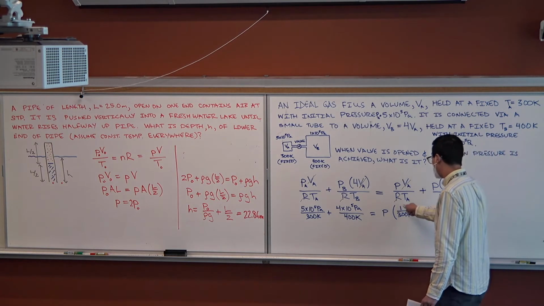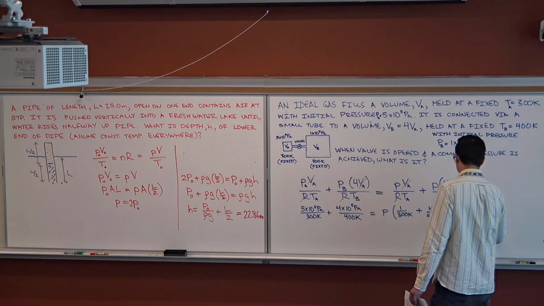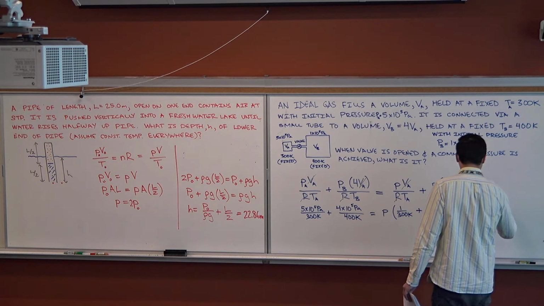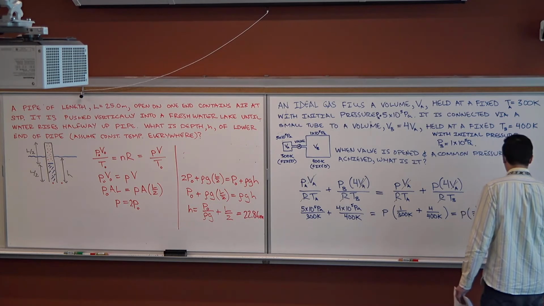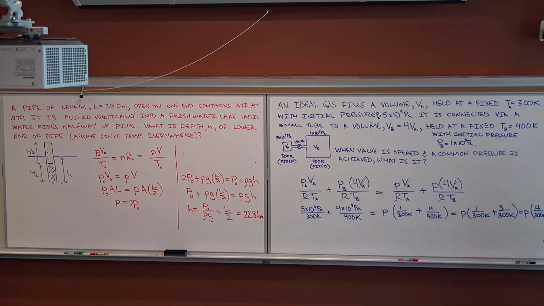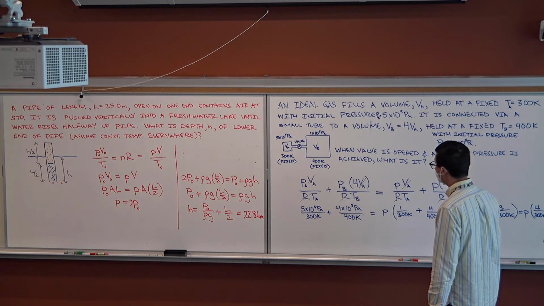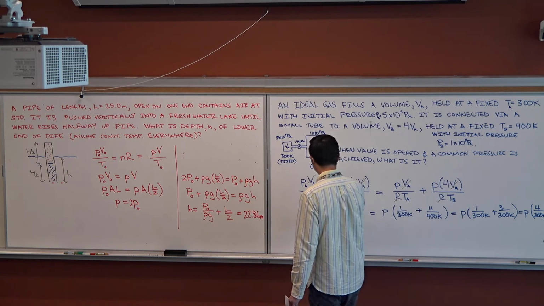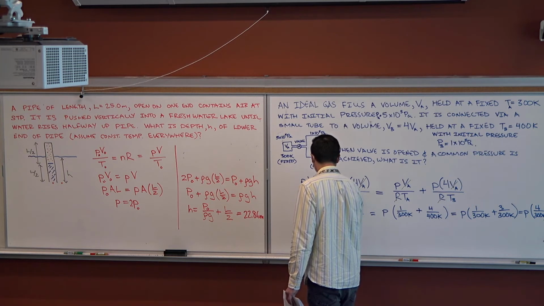So I could add that directly to this and say that this is P times 1 over 300 Kelvin plus 3 over 300 Kelvin, which is P times 4 over 300 Kelvin. Is that 8 times 10 to the 5 over 300 over here? I'm just plugging it into my calculator.